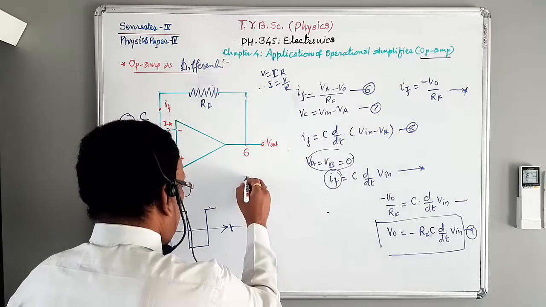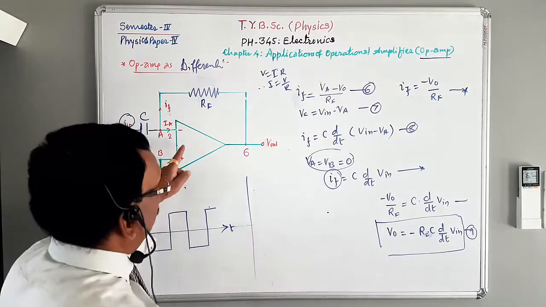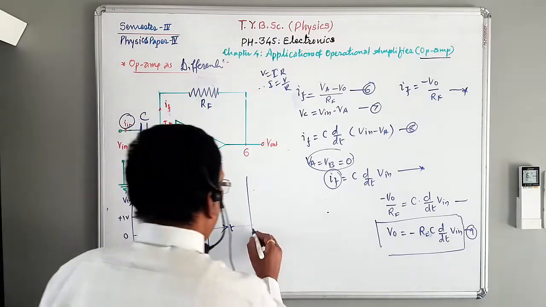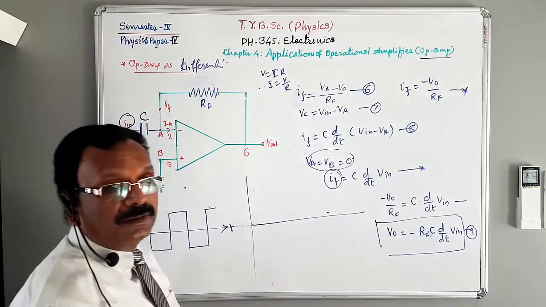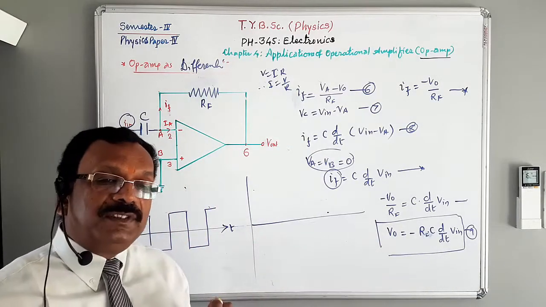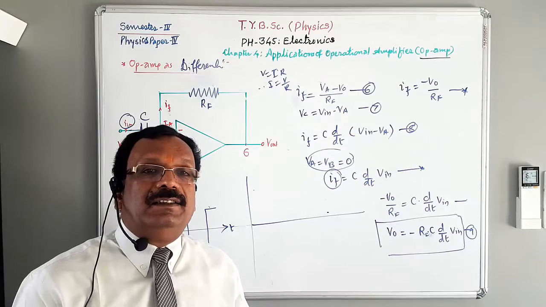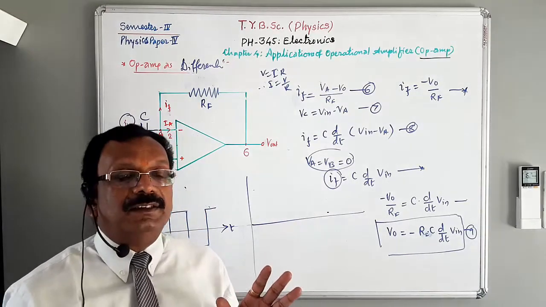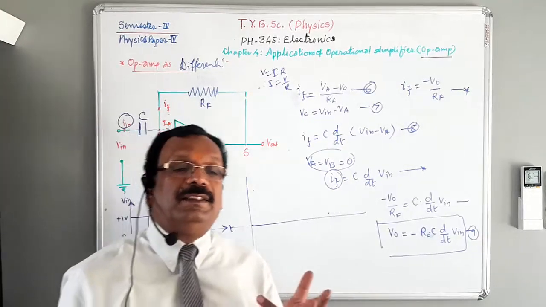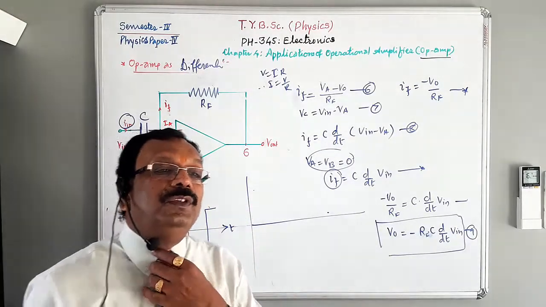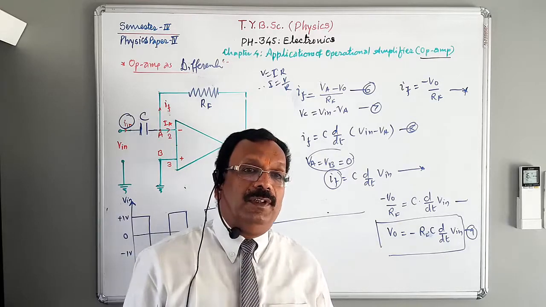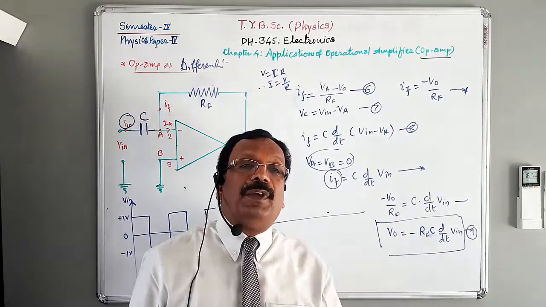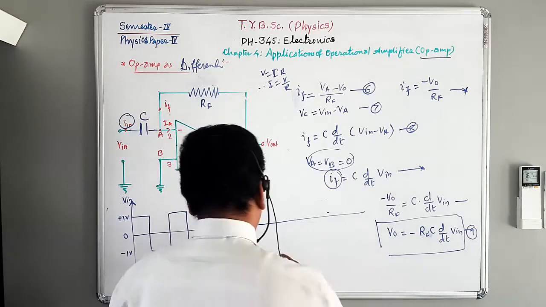Then see here the waveform of this differentiator. The waveform is somewhat different. Since the differentiation is the reverse of the integrator's function, a cosine wave input will produce a sine wave, and a triangular wave input will produce a square wave. So the output will be like this.